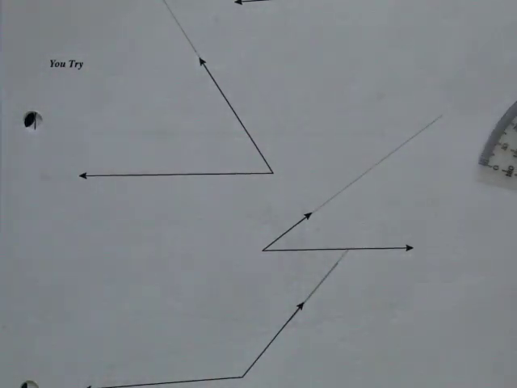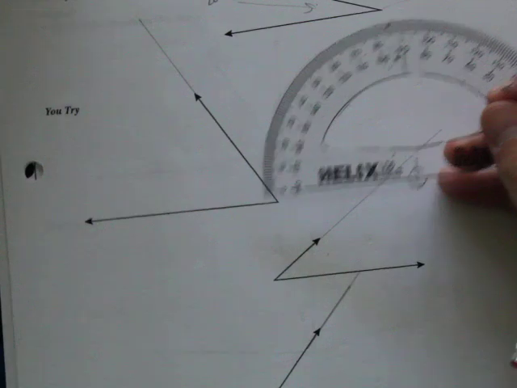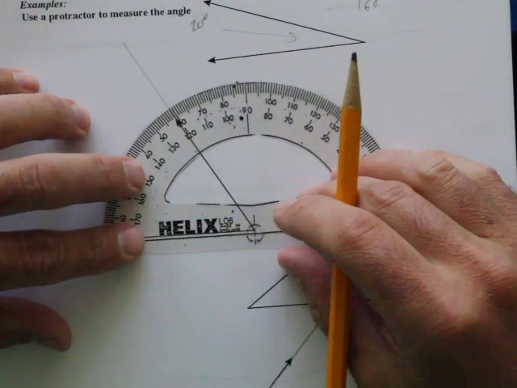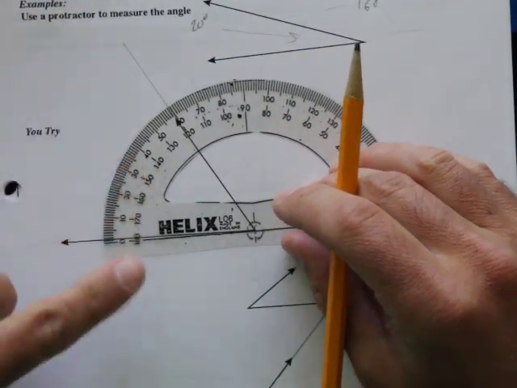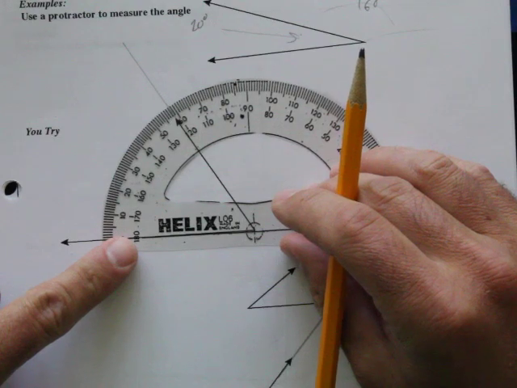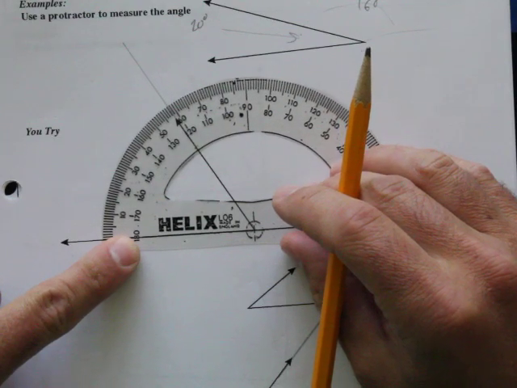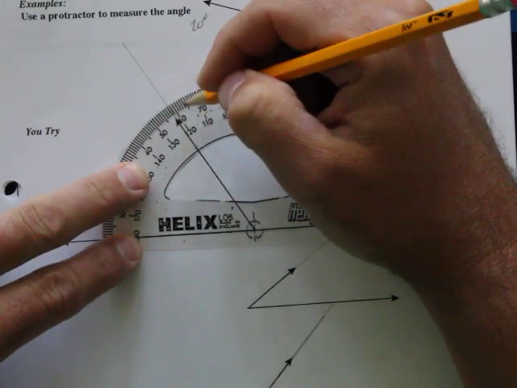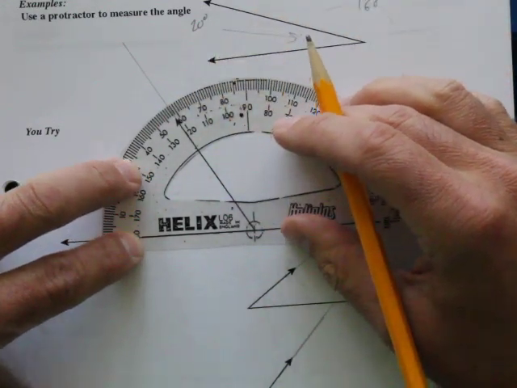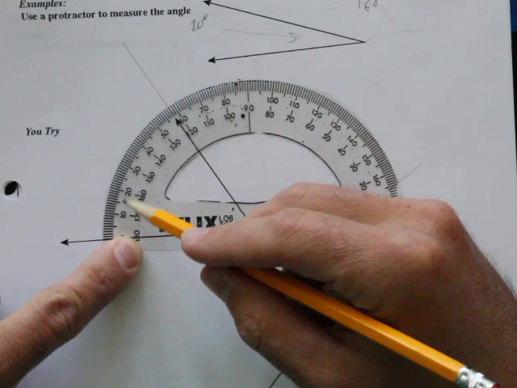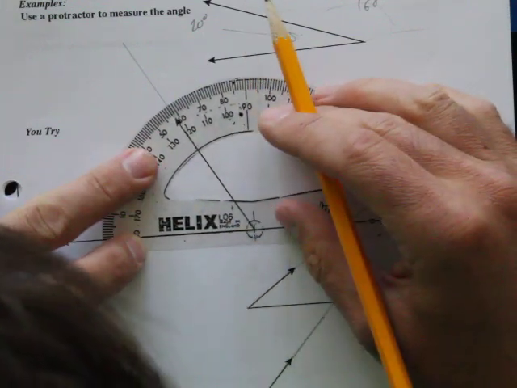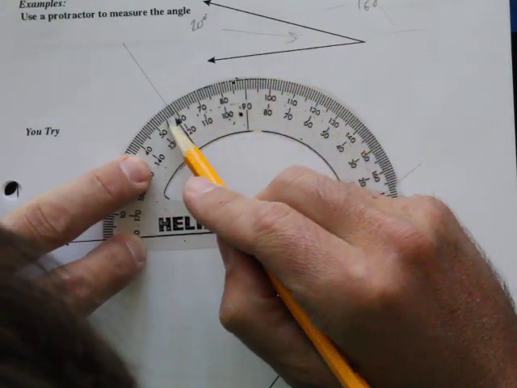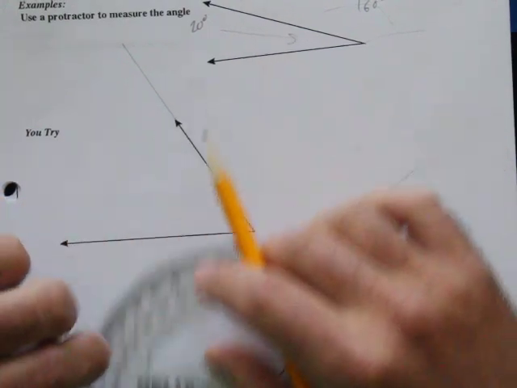Okay. So now I grab my protractor, put it right there in the corner. Then I look up here, and this looks like it is about, let's see, 55, 6, 7, 8, about 58 degrees.